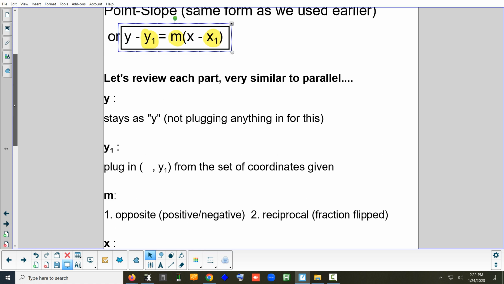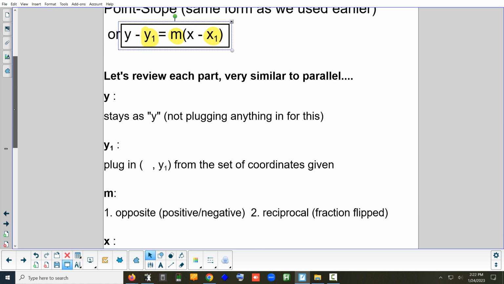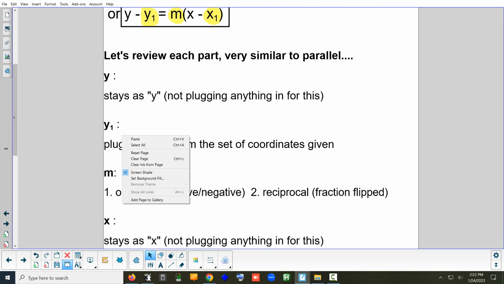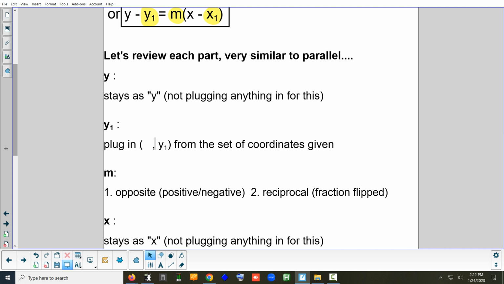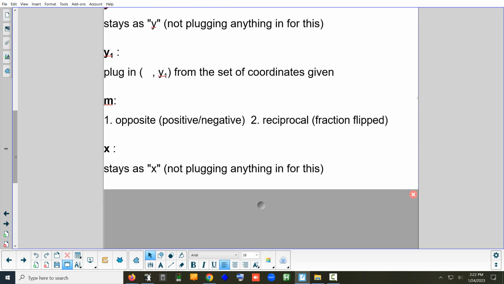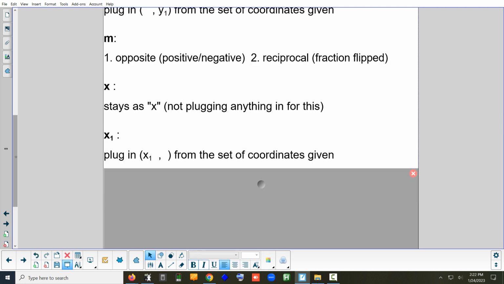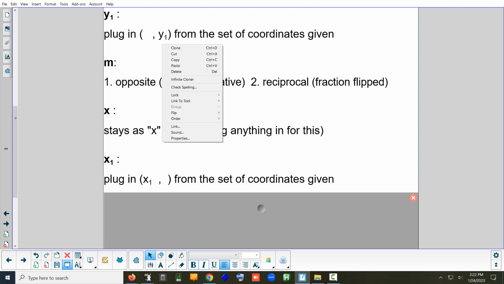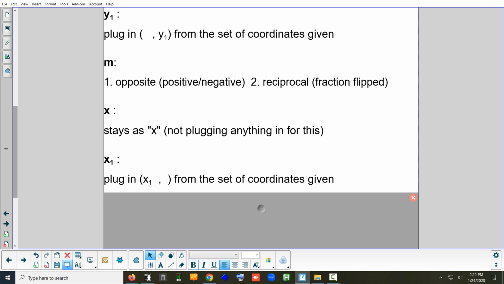Does that stay the same, or do we have to change it? We have to change it. It's going to be just like we changed y1. It's going to be from a coordinate. But this time, instead of looking for the number that's after the comma, you want to write down the number that's before the comma. That's your x1.